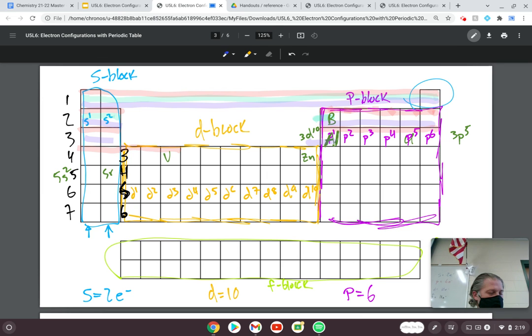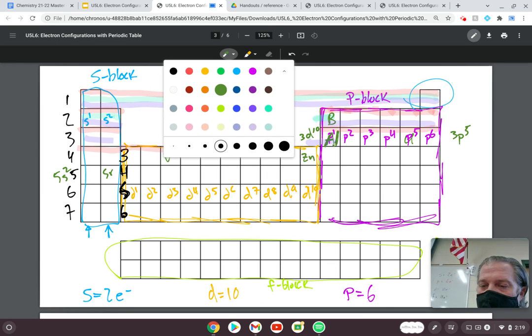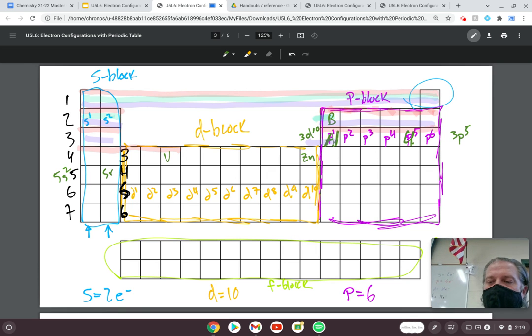We are doing chlorine, which is the element over here, which we'd already identified should be 3p5. So I'm going to go 1s2, 2s2, 2p, 1, 2, 3, 4, 5, 3s2, 1, 2, 3p, 1, 2, 3, 4, 5.